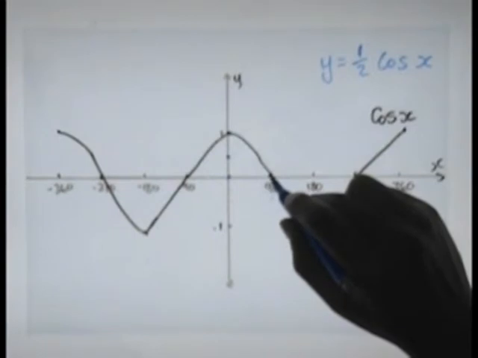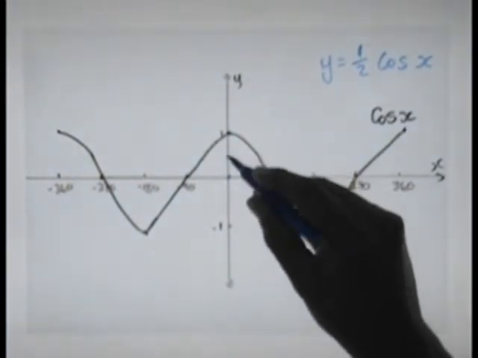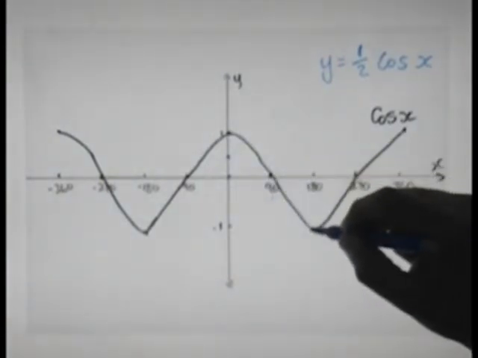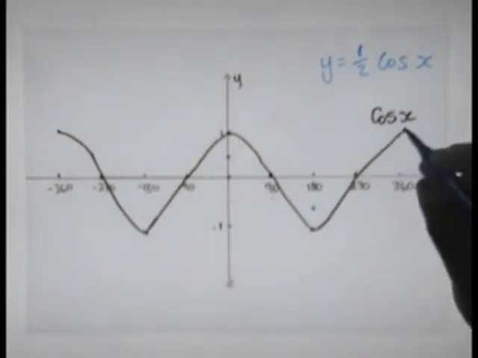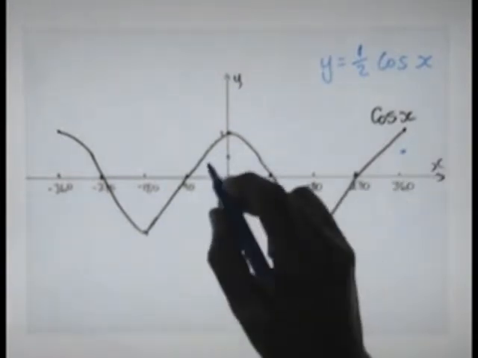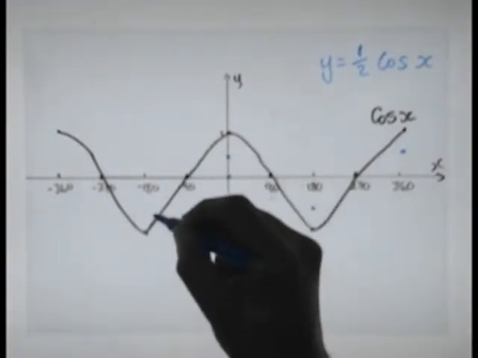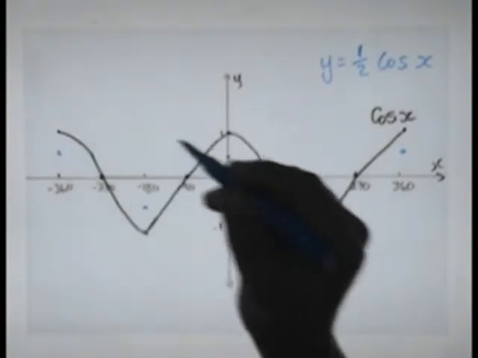Cos of 90 degrees is 0. 0 times a half is 0. Cos of 180 degrees is negative 1. Negative 1 times a half is negative a half. Then 0, positive a half. And in the negative axis, it's still going to go 0, negative a half, 0, positive a half.